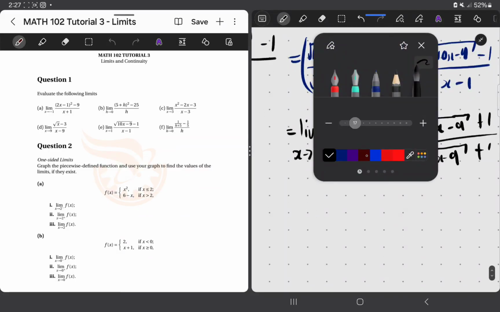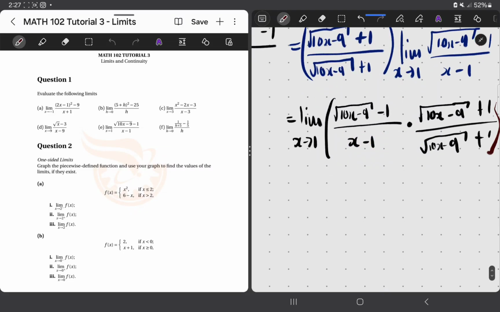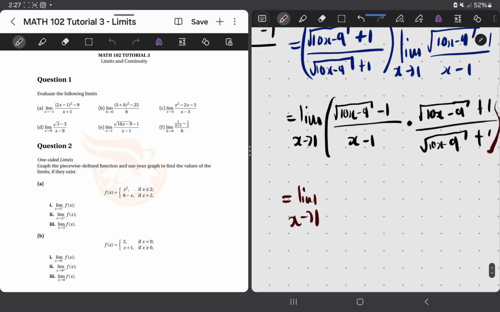Okay, now what happens at the top? Remember, when you multiply two fractions, the top multiplies, the bottom multiplies. So we're getting a limit of that when we are done. Don't forget that the idea is to then get the limit as x goes towards 1. When you multiply conjugates, what happens? The first term is squared. So if we square the first term, the square root will go and we will only remain with 10x minus 9, and then minus 1.